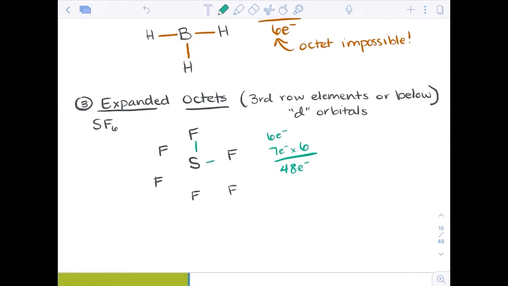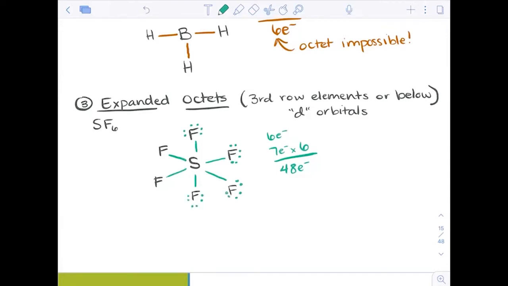So 2, 4, 6, 8, 10, 12 electrons go into bonding. The other ones go into the non-bonding lone pairs on the fluorine atoms to fulfill the octet.